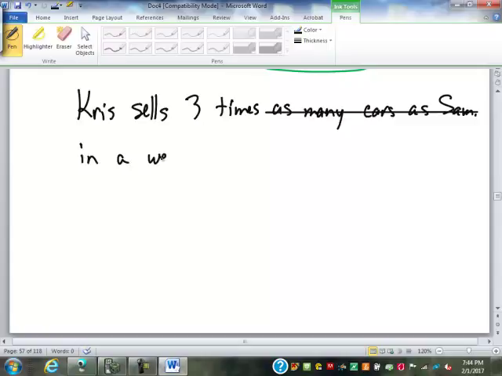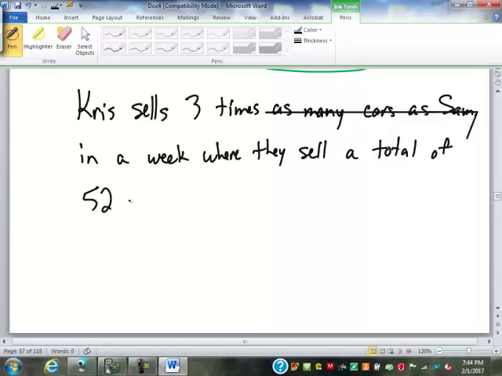In a week where they sell a total of 52 cars, how many did each sell?